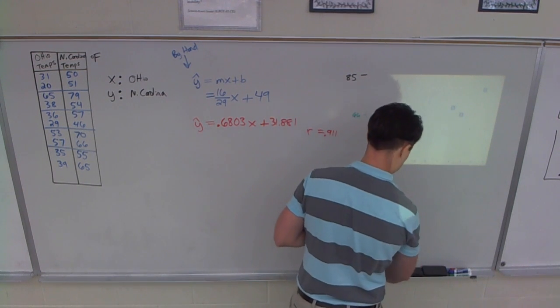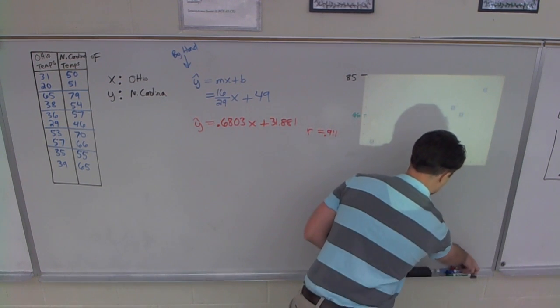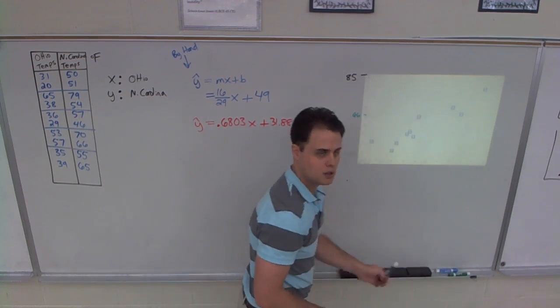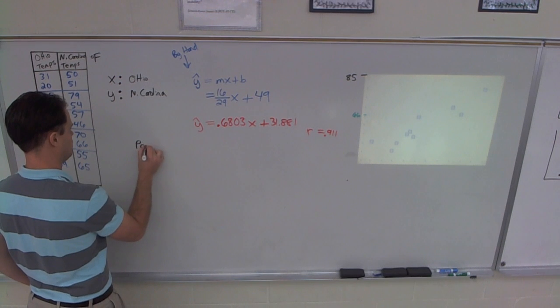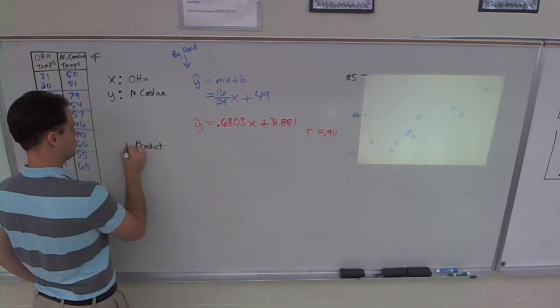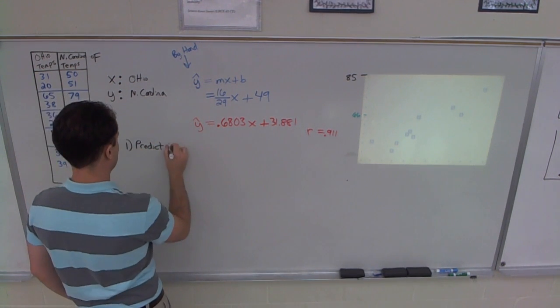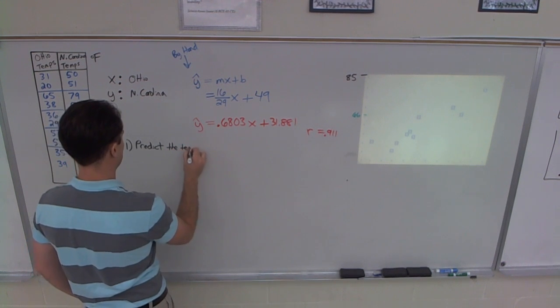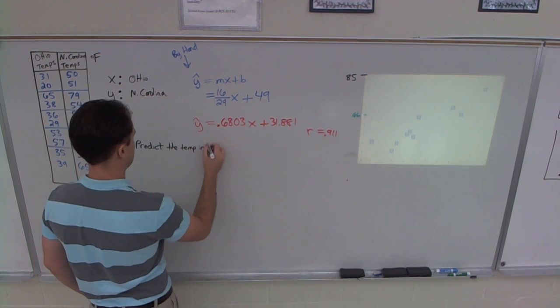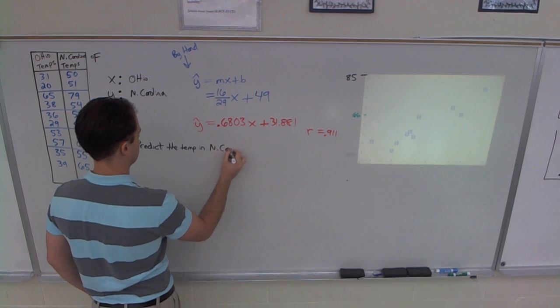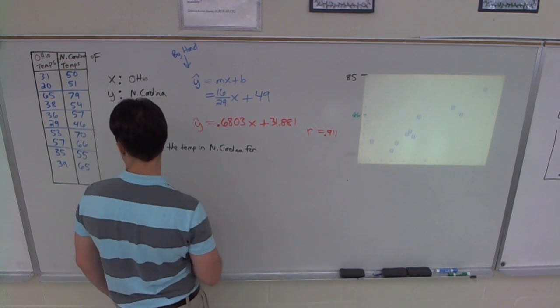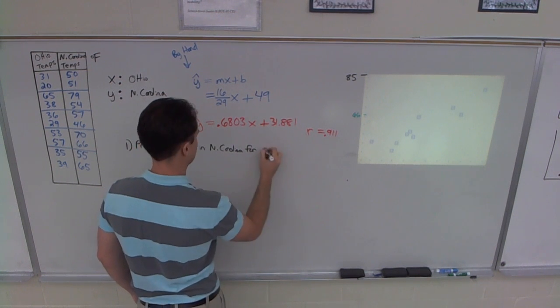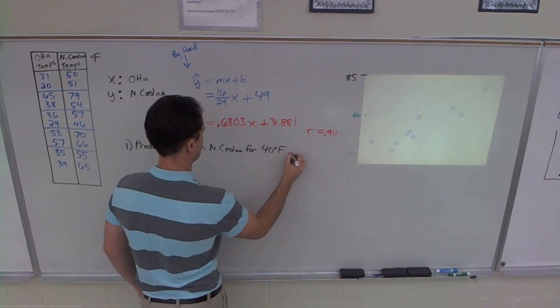Let's make a couple predictions before we're done with this example, so you guys can start working on your assignment. Let's predict, number 1, the temp in North Carolina for, I don't know, 40 degrees in Ohio.